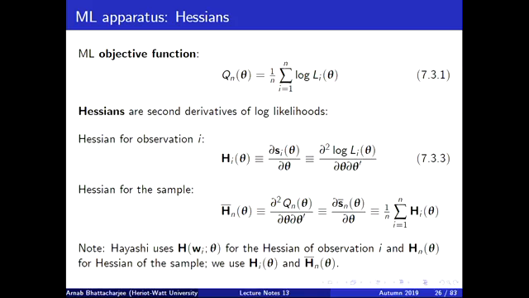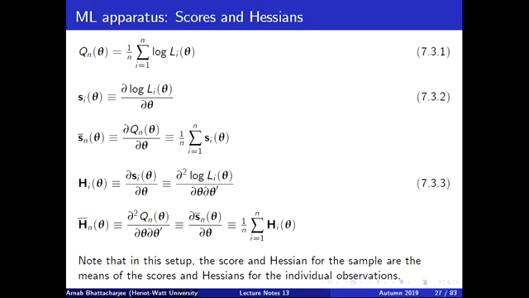All right, and that also can be written as a sample average. So now this is my Qn, very simple. This is my score vector for each individual observation. I've aggregated that for the whole data, Sn bar(theta). This is my Hessian for every individual observation.